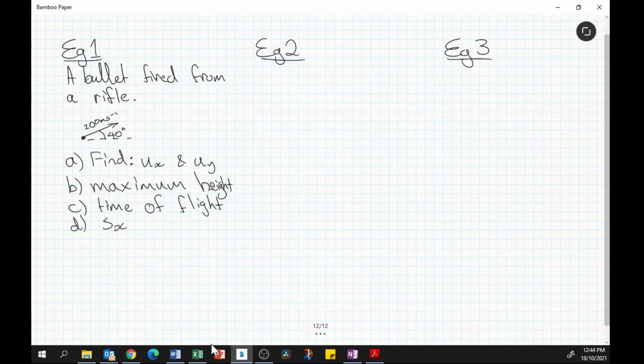Okay, example 1 looks like that. Example 2. That says cliff.